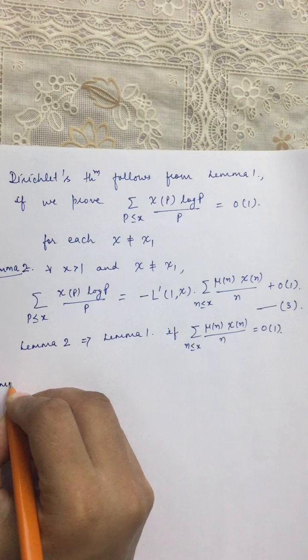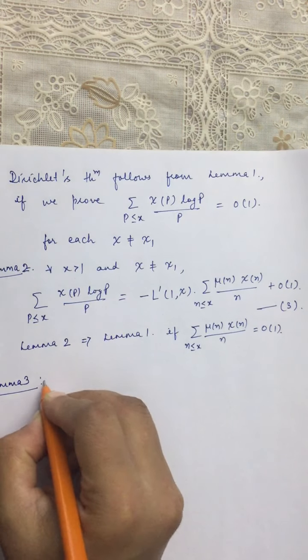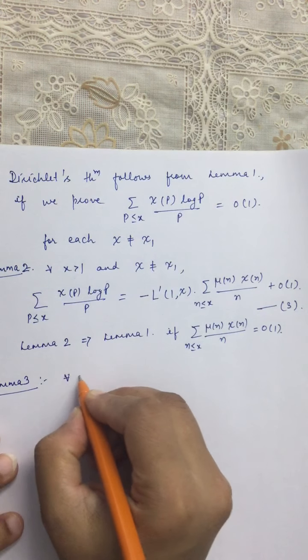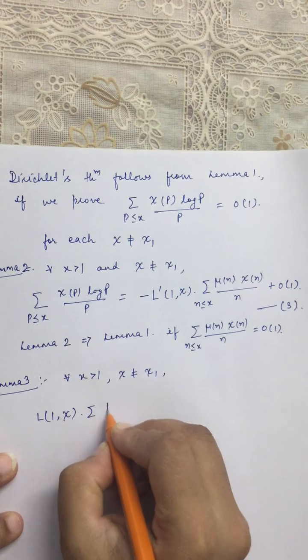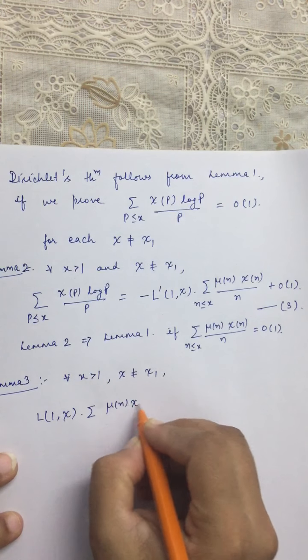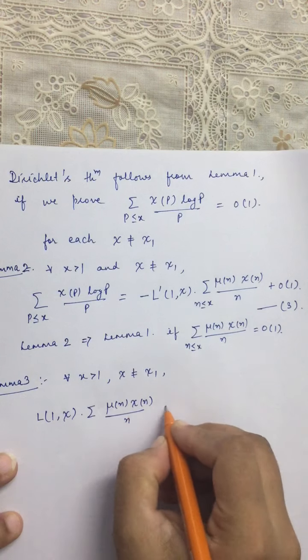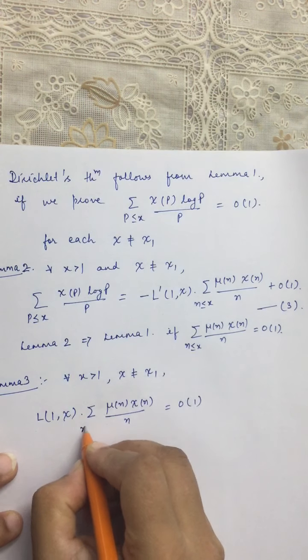So now we state firstly Lemma 3. Lemma 3 says for all x and for all non-principal characters chi, we have L(1, chi) times the summation of mu(n) chi(n) upon n is order of 1.